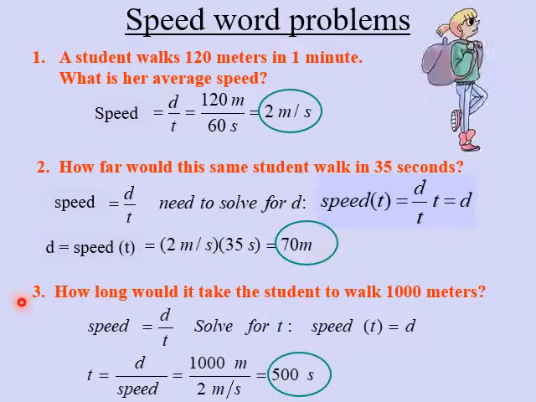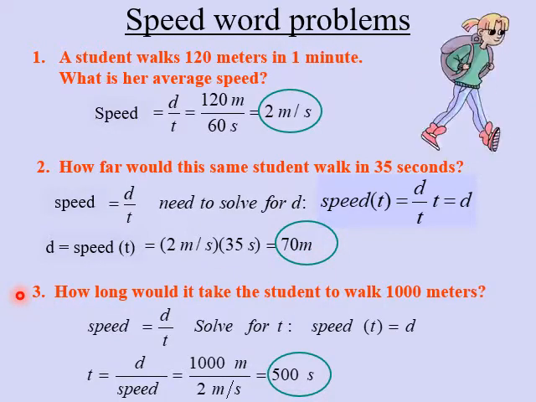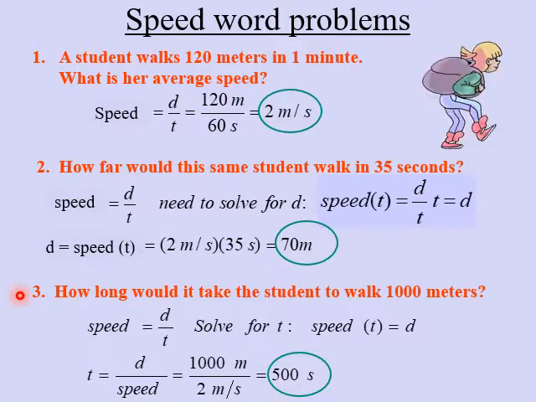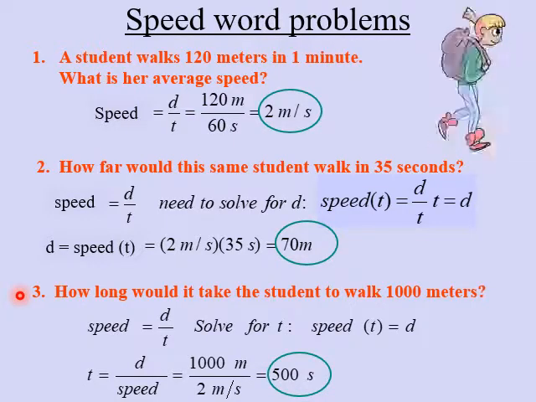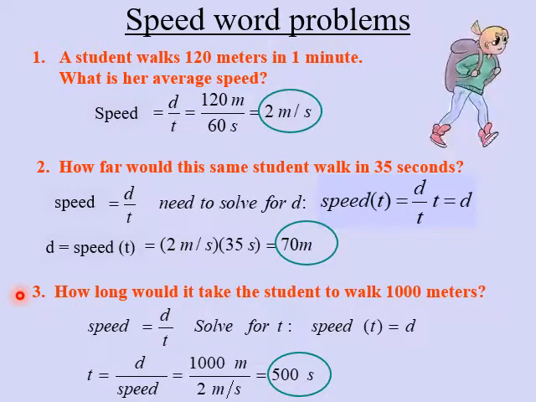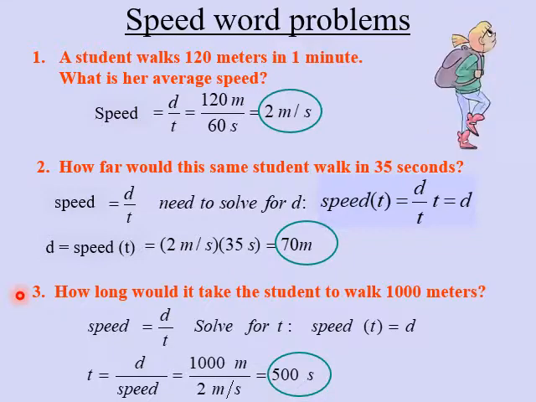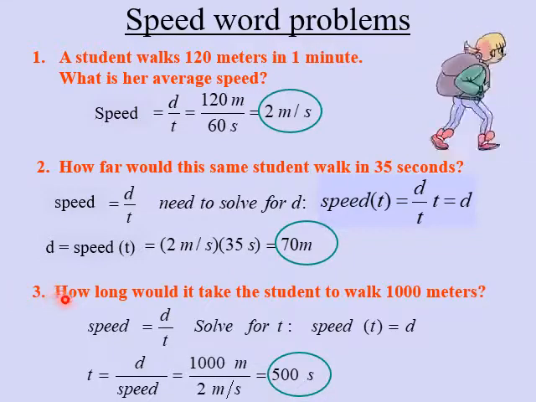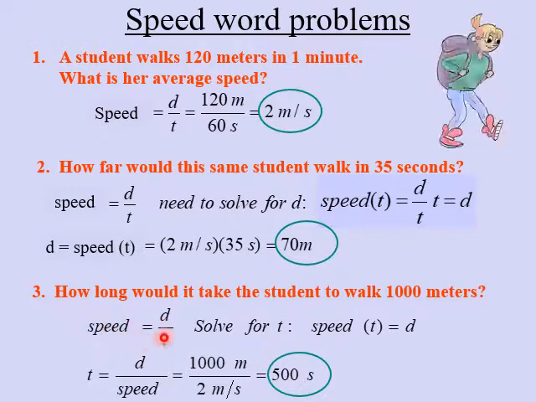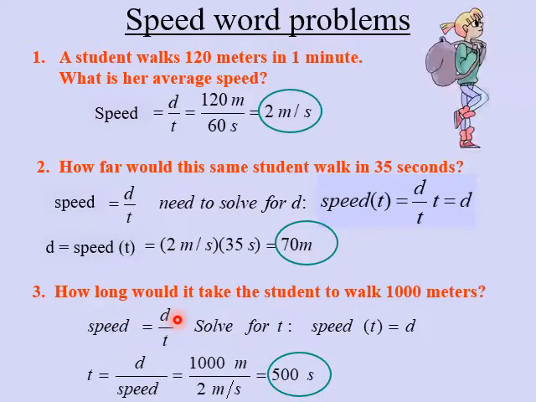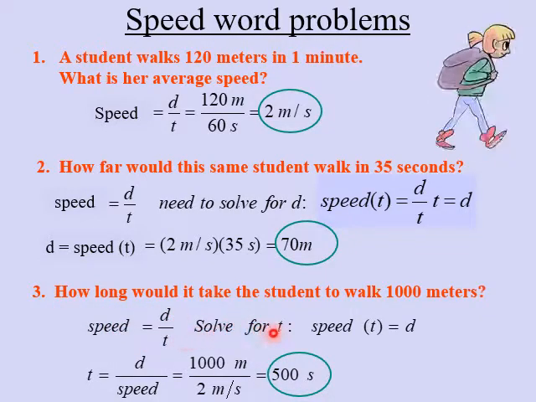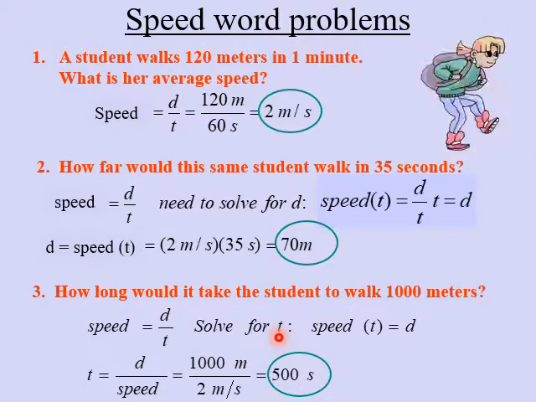distance. There's one more variation of this equation, and that is the time. So in this third problem, the question is how long would it take the student to walk 1,000 meters? So here we're trying to solve for time. So we can again start with our same equation here. Speed equals distance over time. This time we have to solve for time, t.